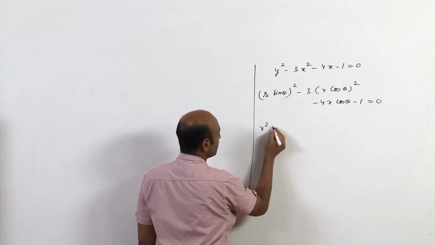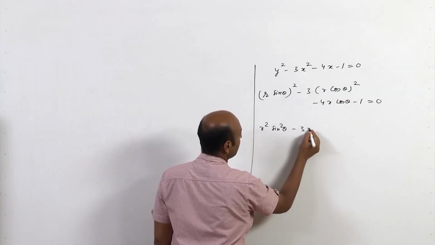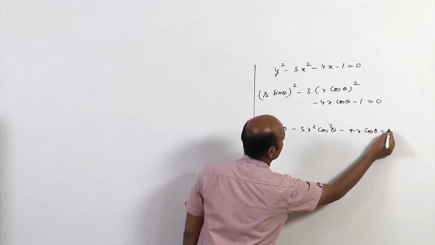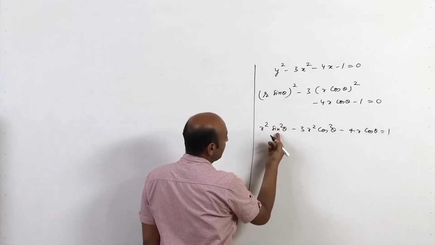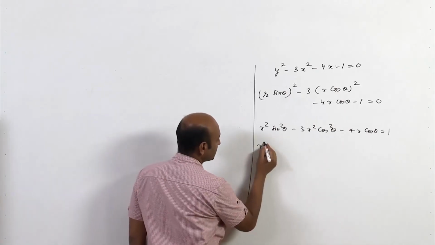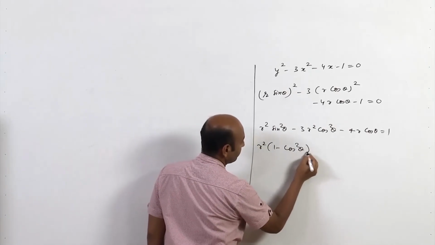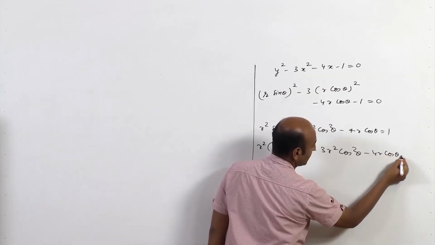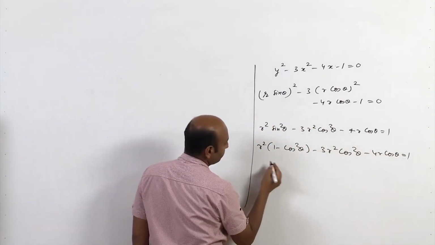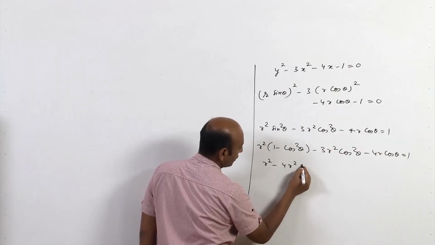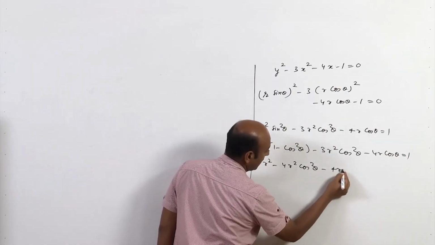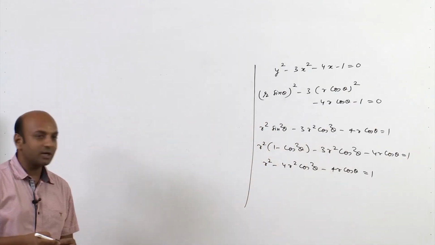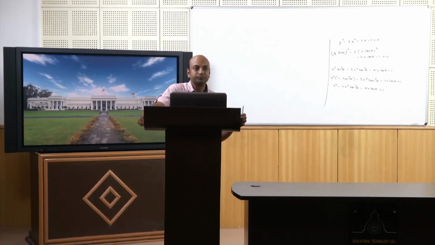So, this will be r square sin square theta minus 3 r square cos square theta minus 4 r cos theta is equal to 1. So, you can replace sin square by 1 minus cos square for simplification. So, this will be r square minus 4 r square cos square theta minus 4 r cos theta is equal to 1. So, this will be the corresponding equation in polar system for this curve.